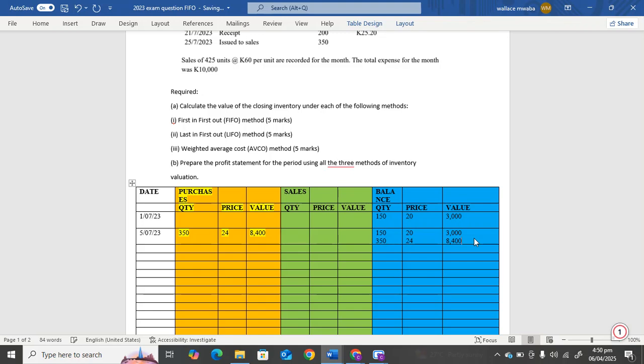So each time you make a purchase, you'll be separating the goods. So we go to the next transaction.